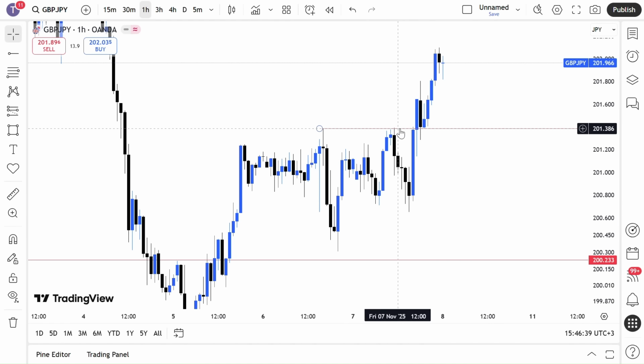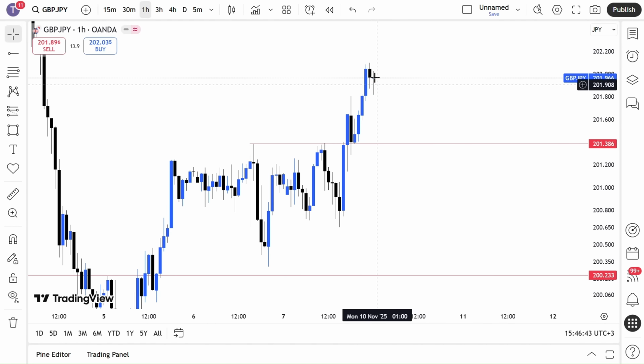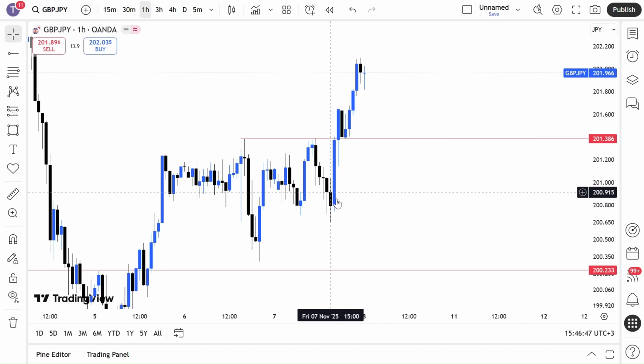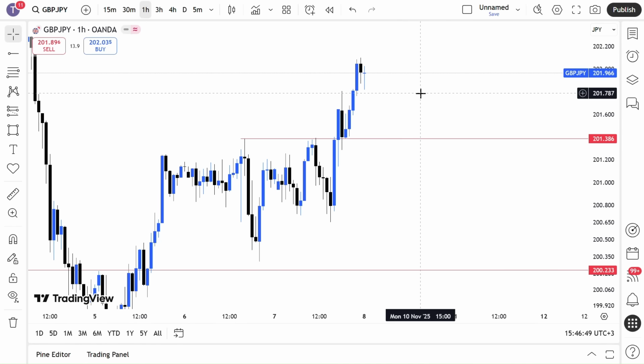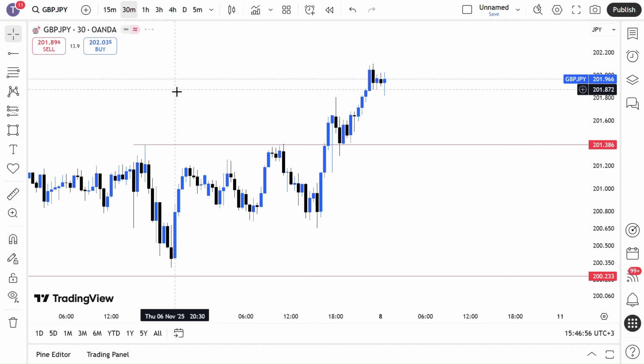So I have a valid break of structure at this point, and I want, if the price comes back into this demand zone, I want to take the trade from down here to the upside because I have my buyers from the 4-hour time frame.